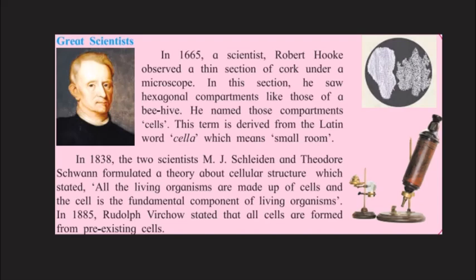Then in 1855, Rudolf Virchow came up with the idea that all cells are formed from pre-existing cells. So if a new cell has to be formed, it is formed from an existing cell. From one cell we get two cells, then four cells, then eight cells, and so on. The cells keep on dividing.